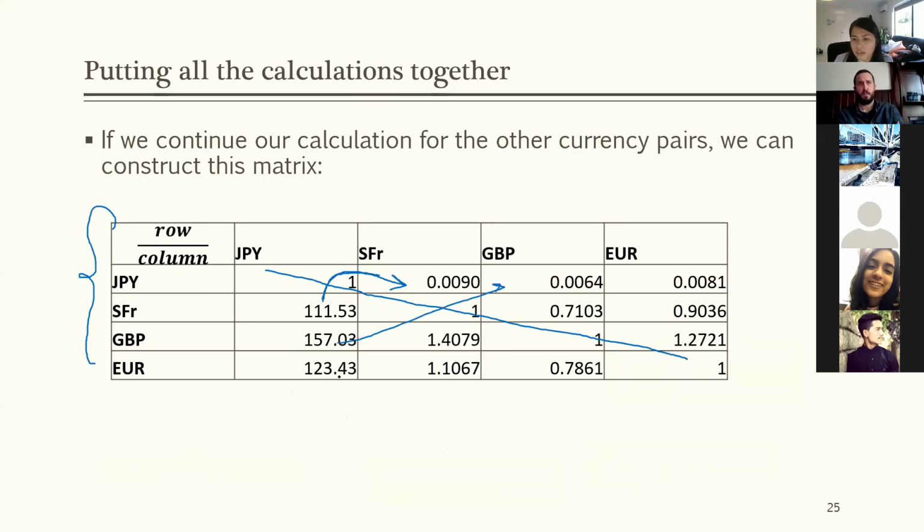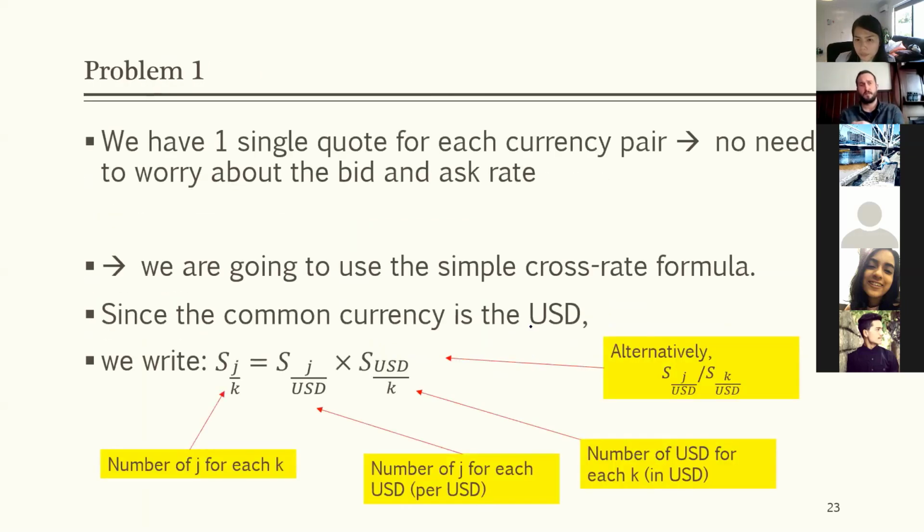Okay. Here, here, and here, and here. Okay. So let's go through a few calculations of a few cross rates, and then you can fill in this table later on at home. Okay. Once we understand what we're doing.